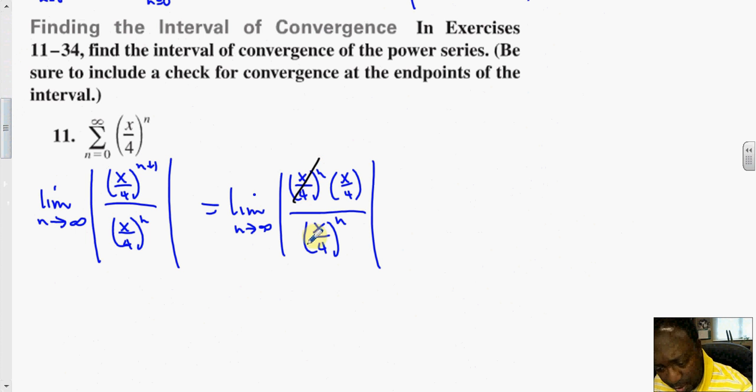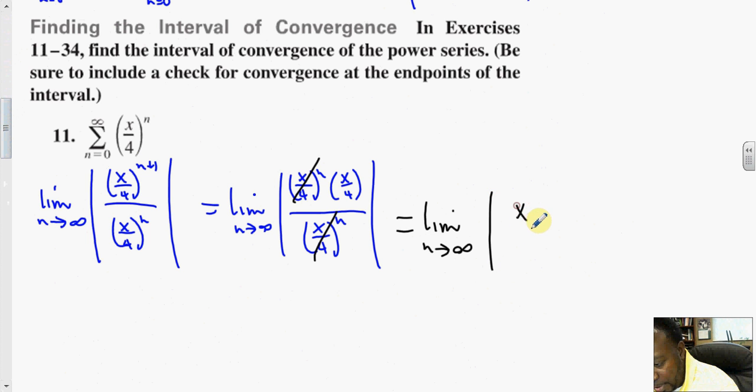So the x over 4 to the nth power cancels out. So we have left the limit as n goes to infinity, this is the absolute value of x over 4.